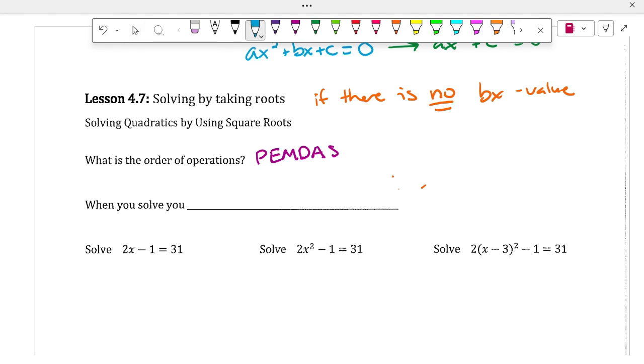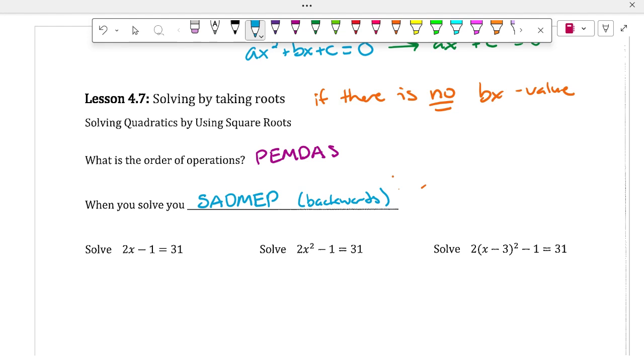So what I tell them to do is think about SADMEP. What do you guys think SADMEP is? The opposite of PEMDAS. Whenever you solve, you think about SADMEP, which is the backwards PEMDAS. So you start by taking care of your addition and subtraction, then your multiplication and division, then your exponent, and then anything with parentheses.